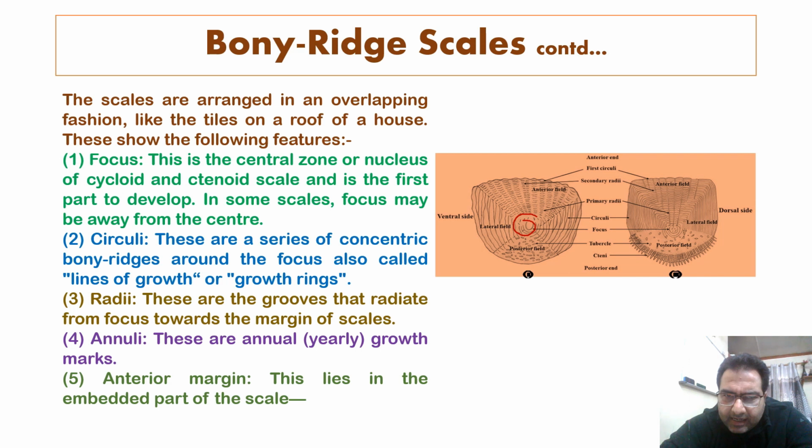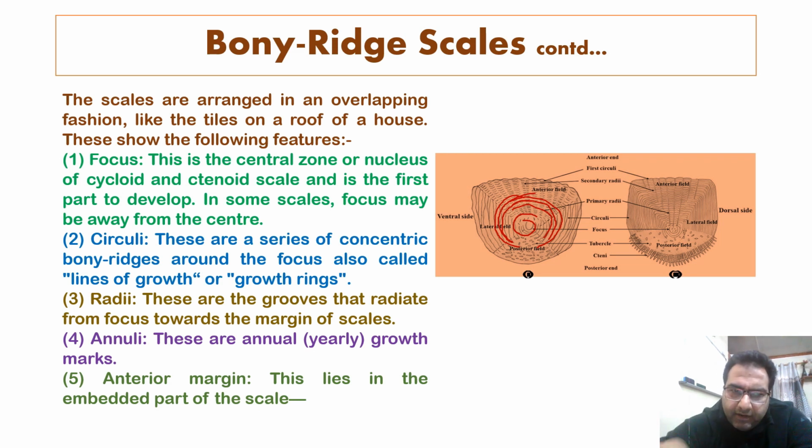Secondly, we have the circuli. What are these circuli? The lines that cover the focus in circles we call the circuli. These are a series of concentric bony ridges around the focus. We also call them lines of growth or growth rings.